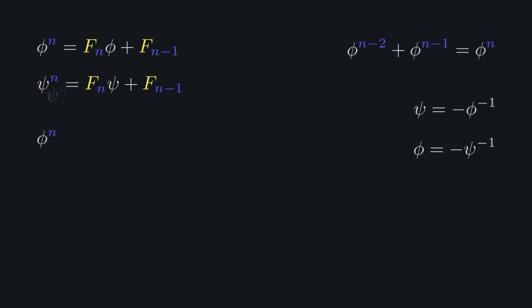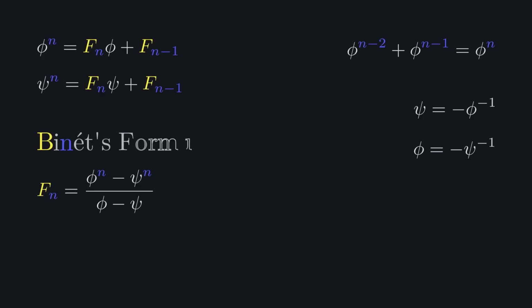So phi to the nth minus psi to the nth equals this combination up here minus this combination down here. That lets us cancel the extra Fibonacci term, and now we can collect the factors of the nth Fibonacci number. Turn that around to isolate it, and we get this closed form expression called Binet's formula.